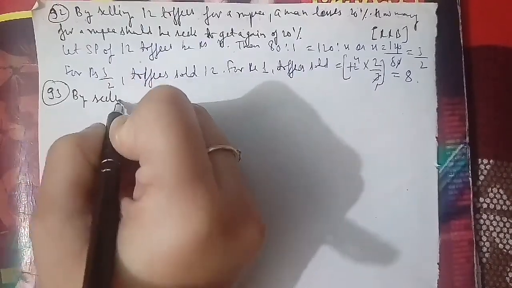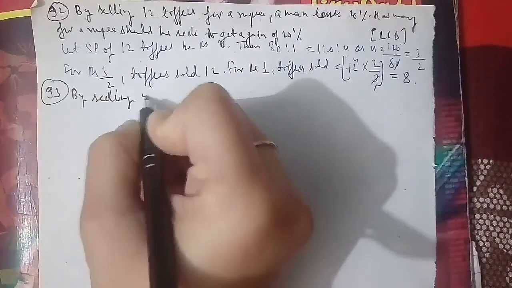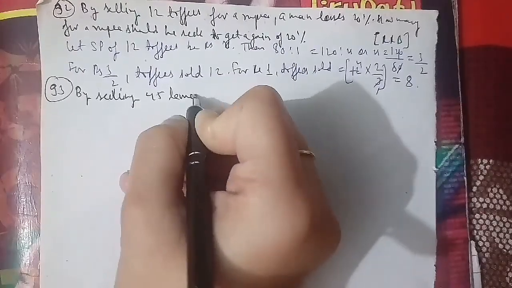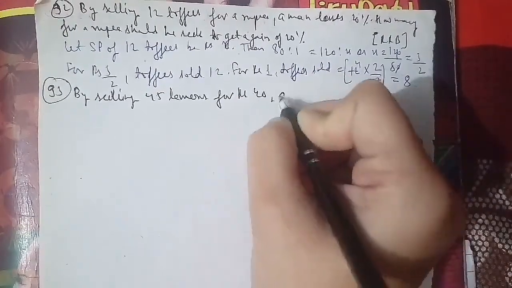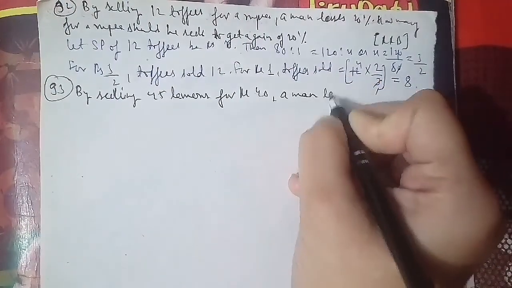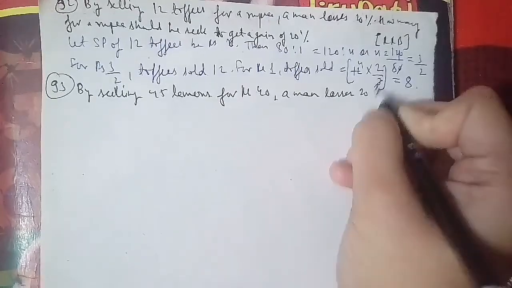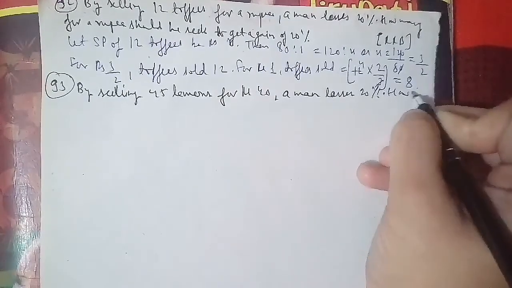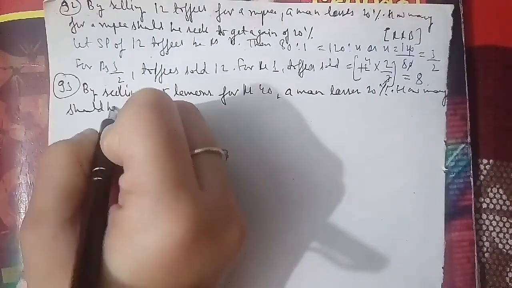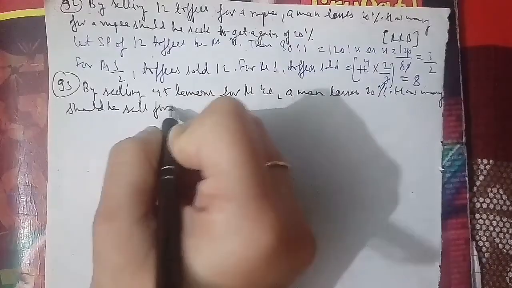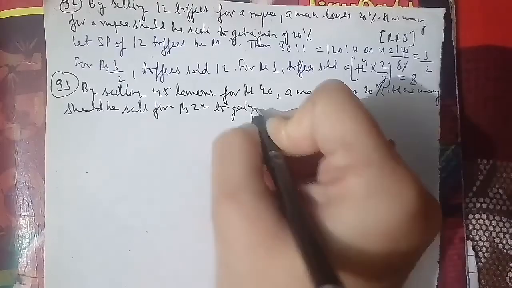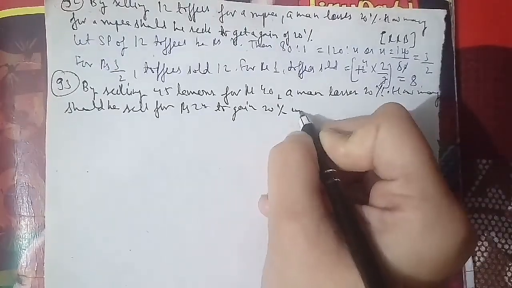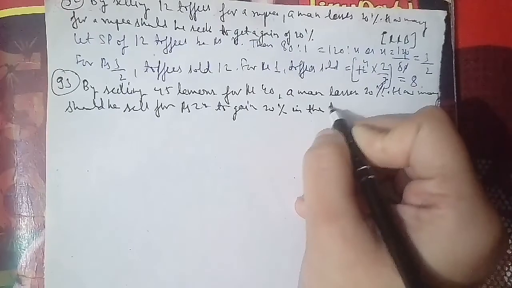The options we have here, as I told you, are 16, 18, 20 and 22. We go ahead with the same.